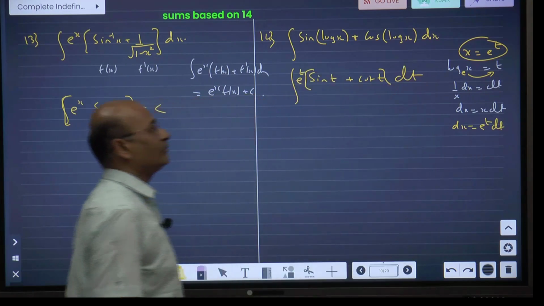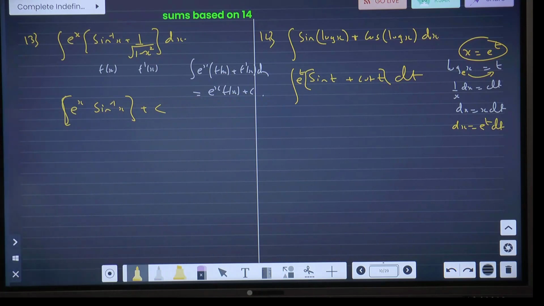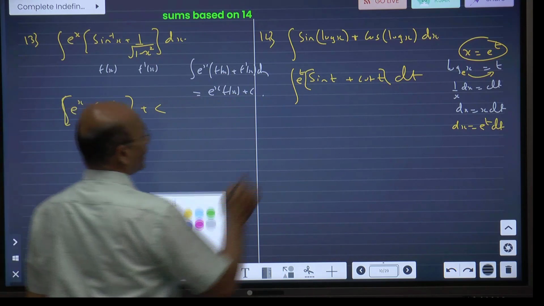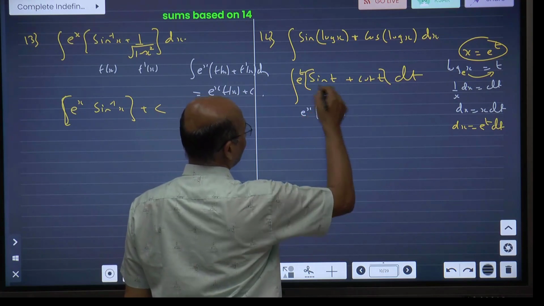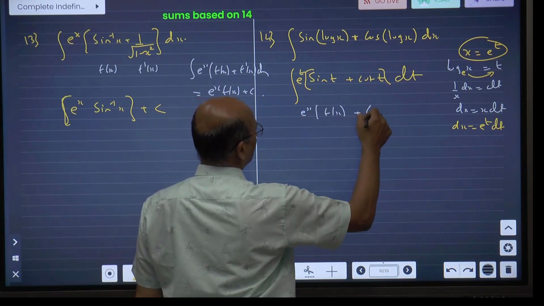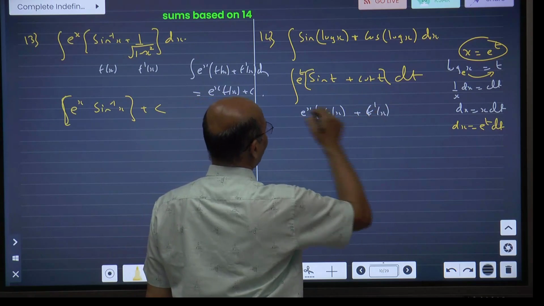Now I am in a comfortable zone. Why? Because you can see this is e raised to x, f x is sin, its derivative is cos, so the f x plus f dash x format is there.